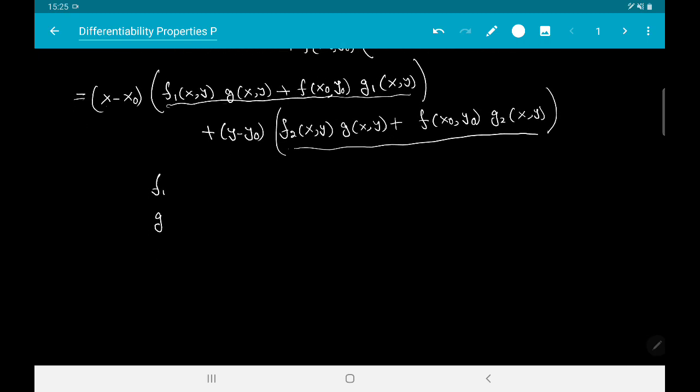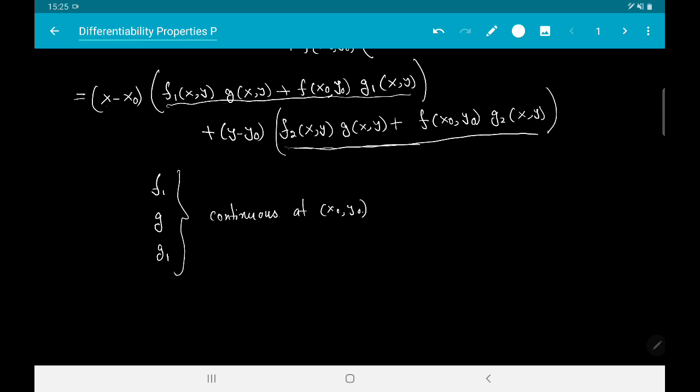So g is continuous, and f(x0,y0) is just a scalar, just a real number. g1 is continuous by definition, by our equation 2. So all these things are continuous, and by using the algebraic properties of continuous functions we can see that whatever is in the bracket over here is continuous.